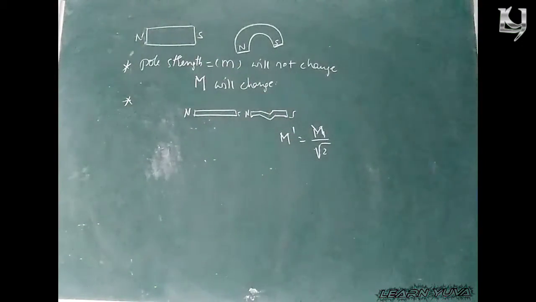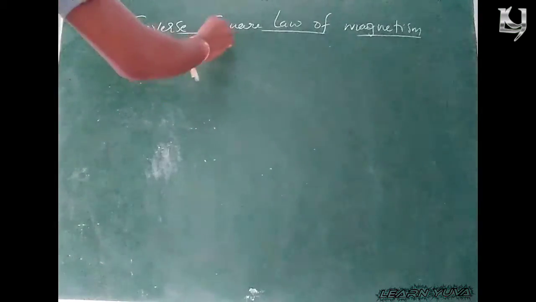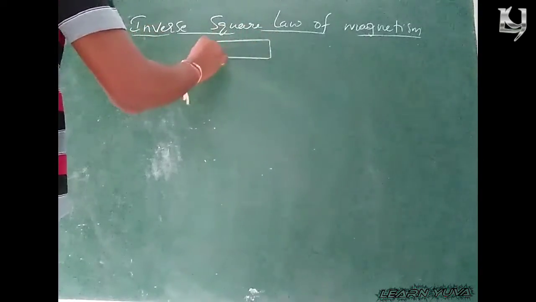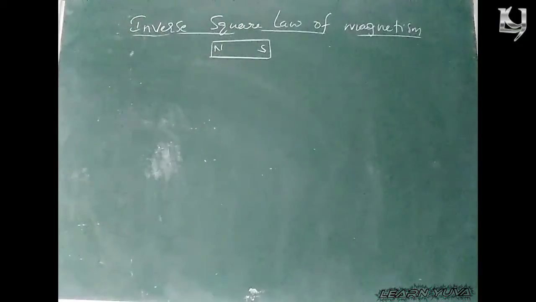Right? Next continuation is about the inverse square law of magnetism. Here are the north pole and south pole of a bar magnet.